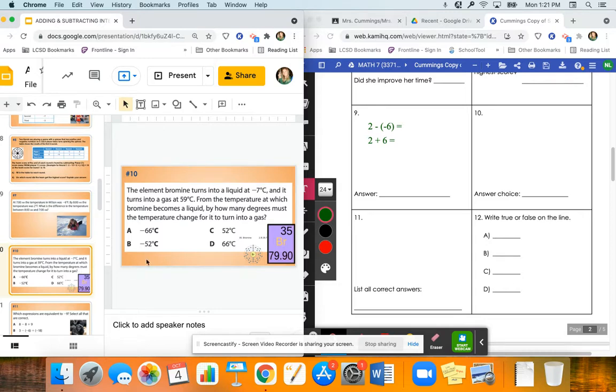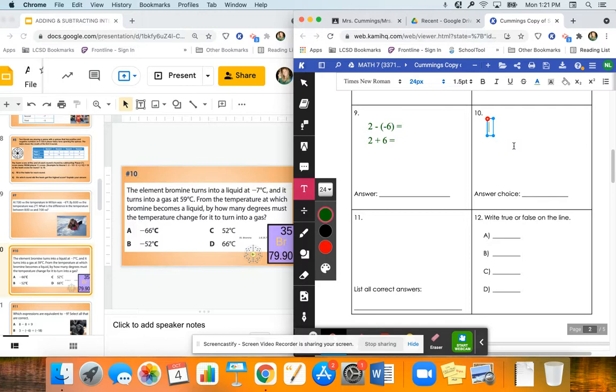So that would be 59 minus a negative 7. You're going to do the keep, change, flip for that one. So type it underneath and then figure it out and write the answer.